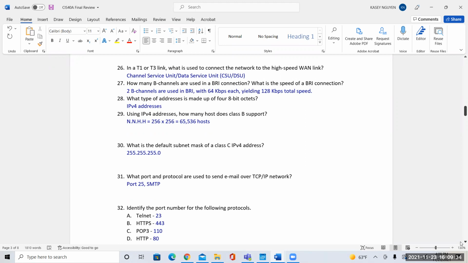So if you take the 2 host identifiers, that's 8-bit each, right? If they're all turned on, that gives you 256. 256 times 256 gives you 65,536 hosts. Sorry, there should be host, I meant these 2.